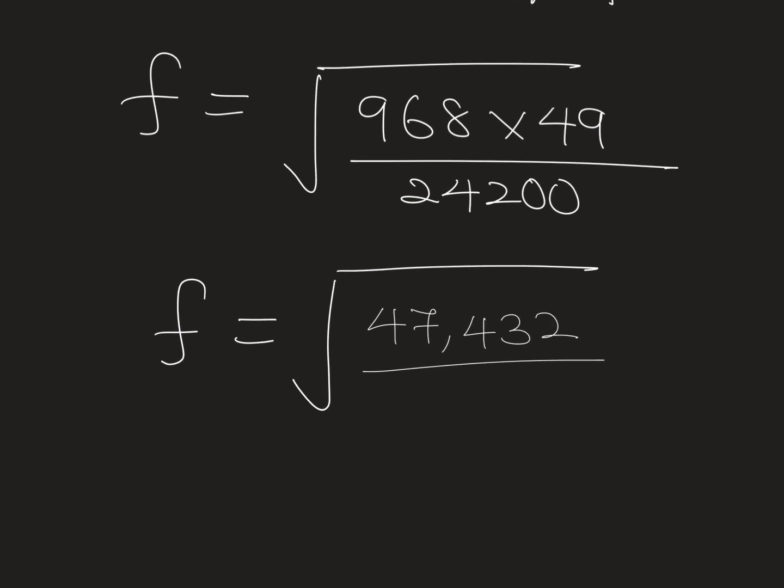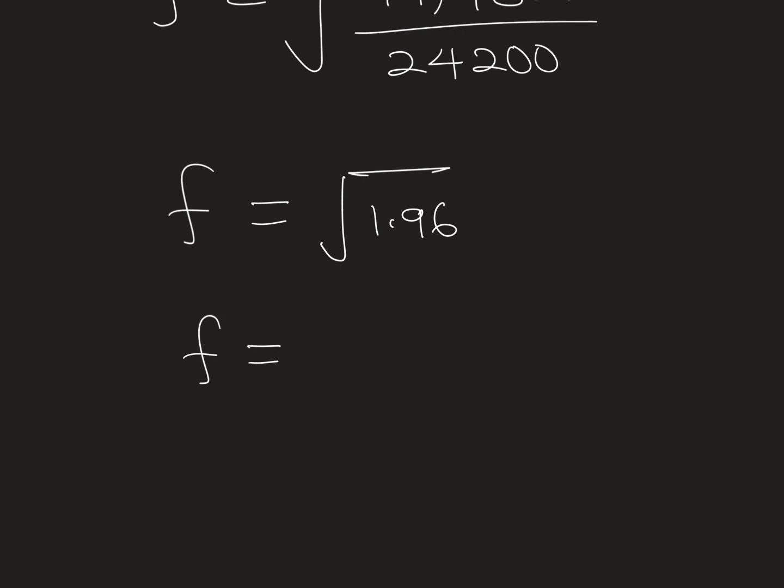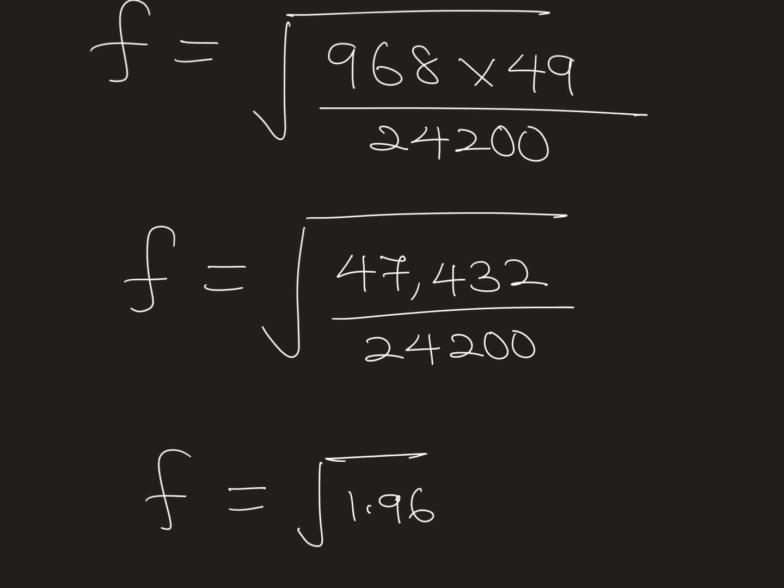So that will be over 24,200. So the frequency is equal to the square root of 47,432 divided by 24,200 is 1.96. So what is the square root of 1.96? We'll have 1.4 hertz. So you see, whichever formula is simple for you, you can use that.